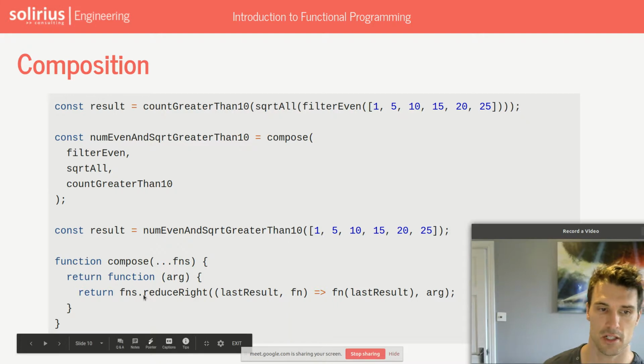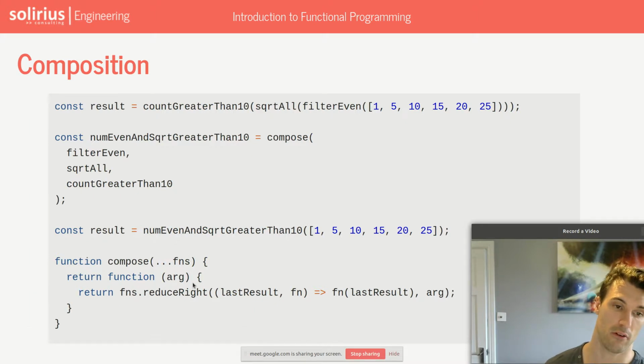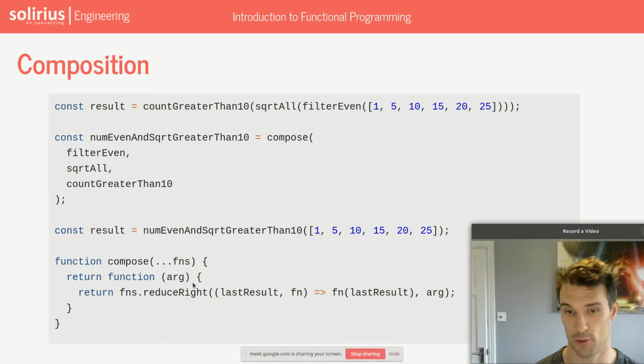And this is using a technique called reduce. Reduce is another thing that's quite common in functional programming, and you can think of that as an abstraction around iteration, or like for loops. It's a more functional way of doing for loops.